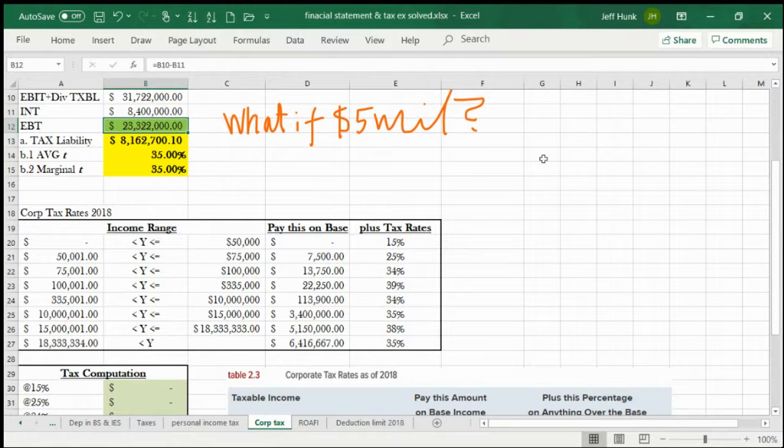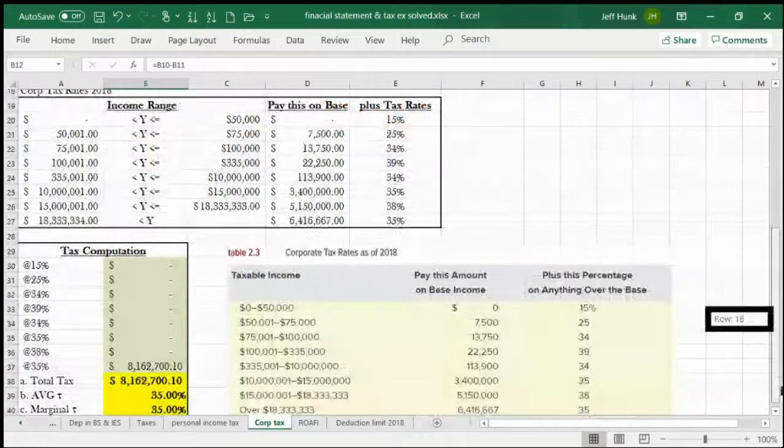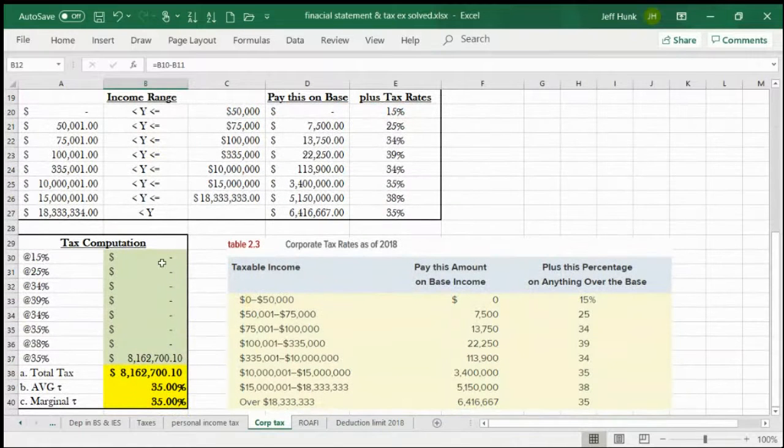No matter where it is, we want Excel to automatically find the relevant rate, and us just calculate the tax for that bracket, and the rest of the brackets would automatically be 0. So how do I do that?